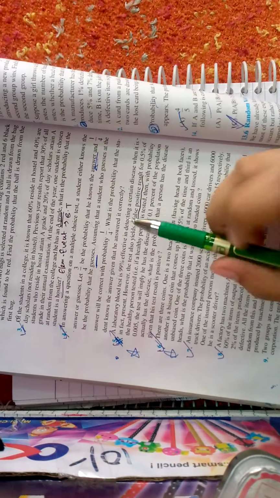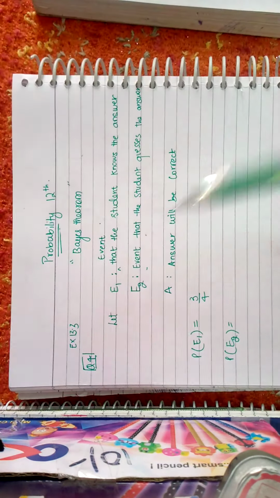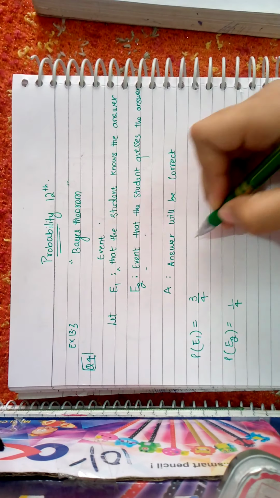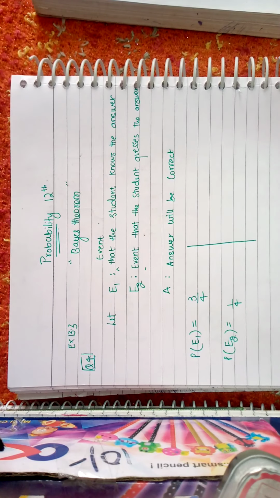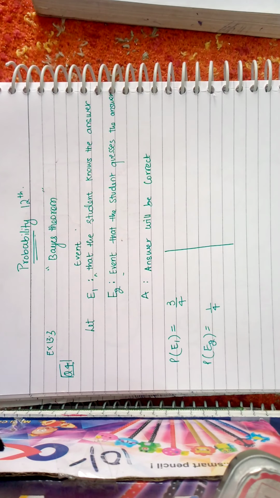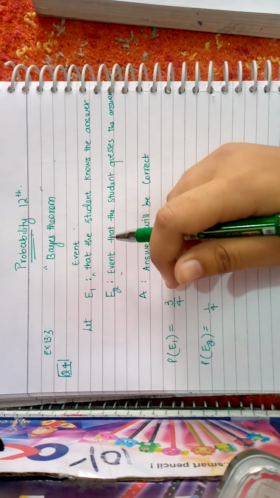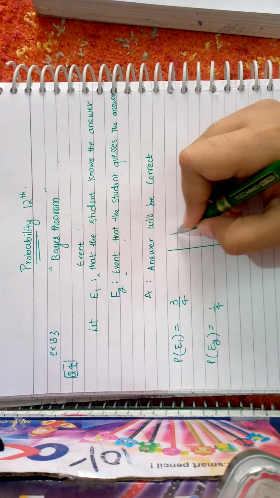Probability of E2 is also given, 1 by 4, again taking it from the book. Then I'm making a line here, and that has its own advantages. I'll tell you later why I'm taking it like this and not writing line to line.